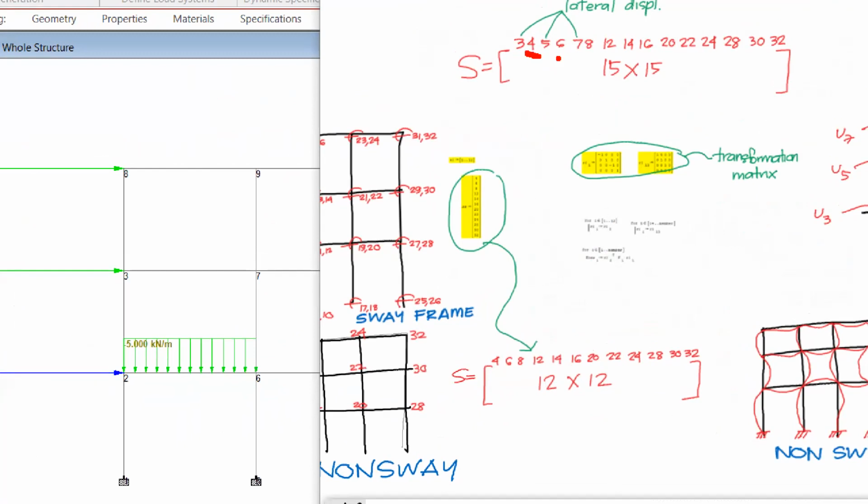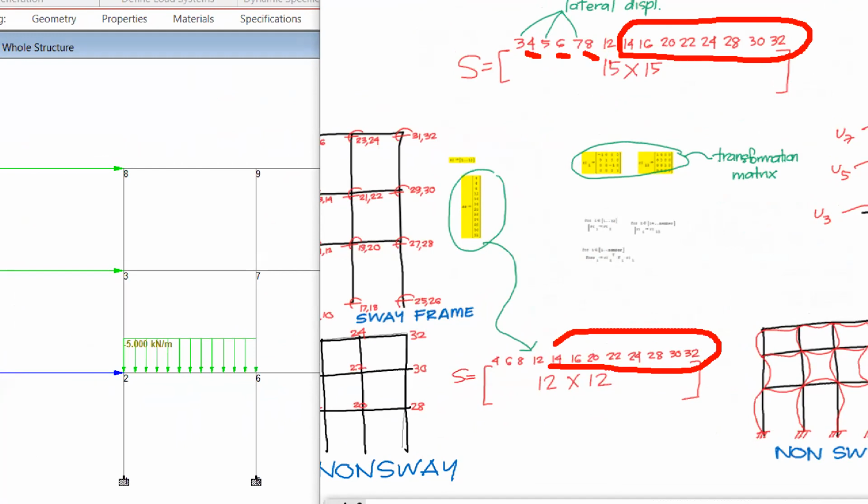So this is 4, 6, 8, then these are all equal. 14, 16, and these are all equal. Then I added 3, 5, and 7 as the lateral displacements for the sway frame.